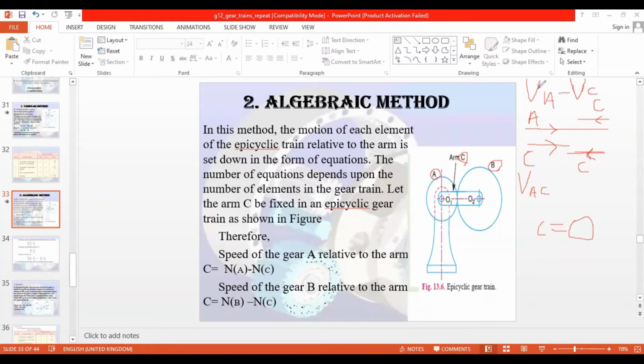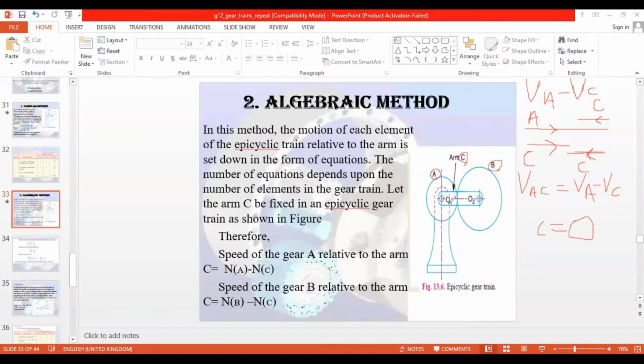At the end, the relative velocity of A with respect to C is VA minus VC. This you already know.